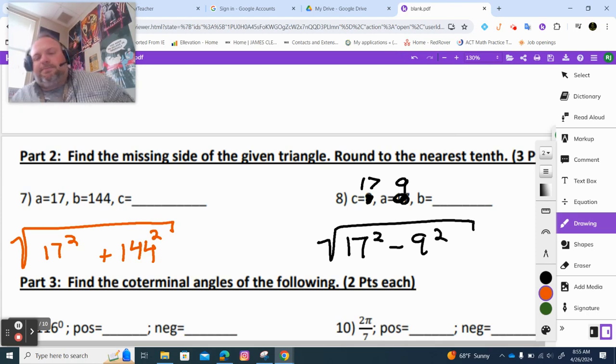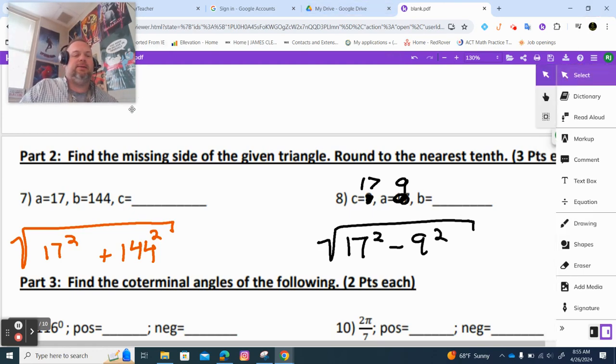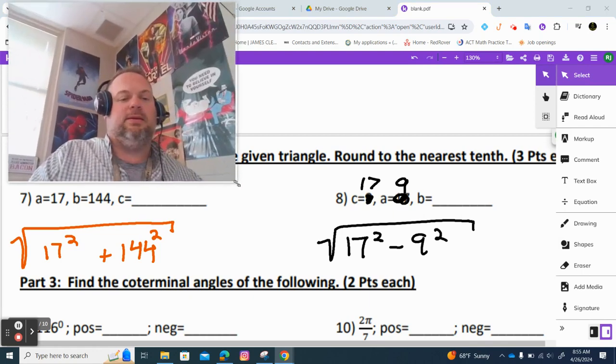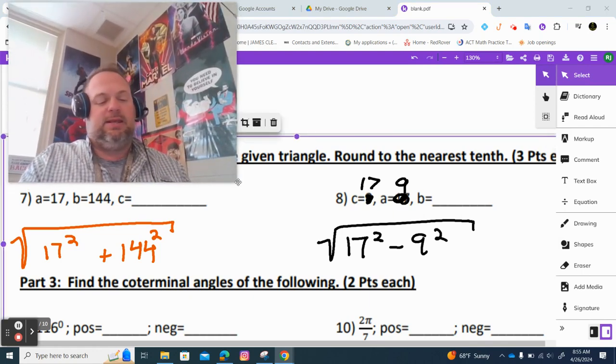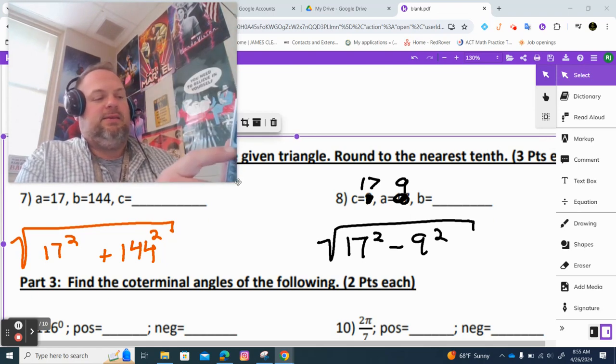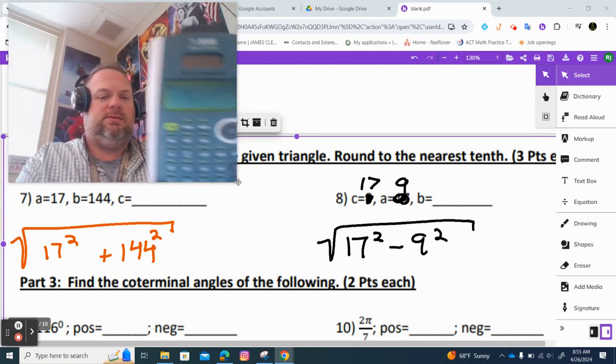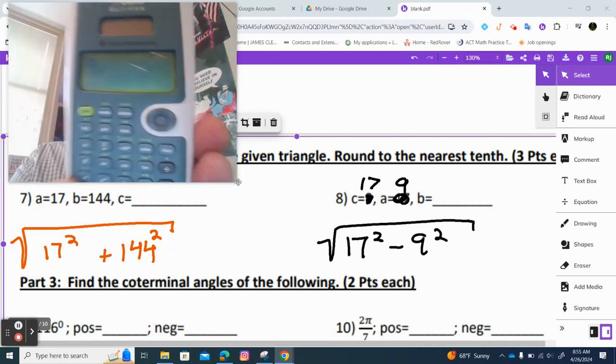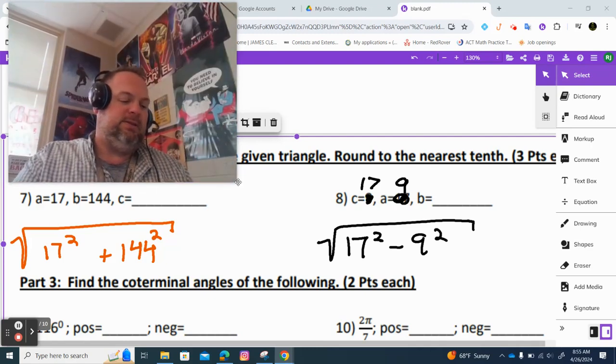All right. So, again, literally plugging it in the calculator. I'm going to clear everything. Second, square root, 17 squared plus 144 squared.